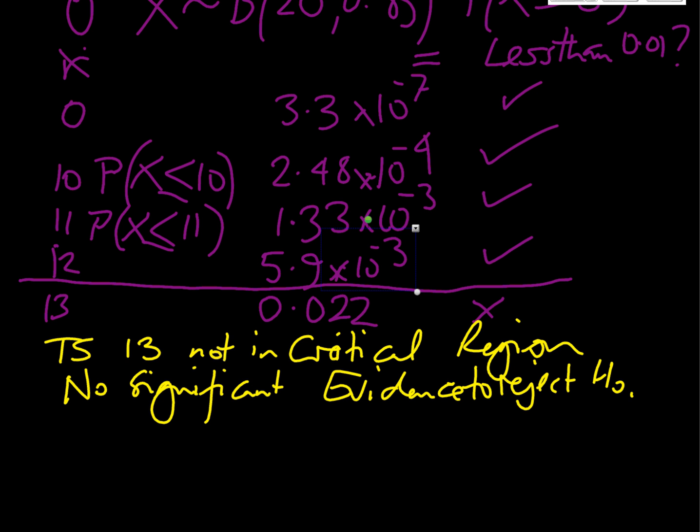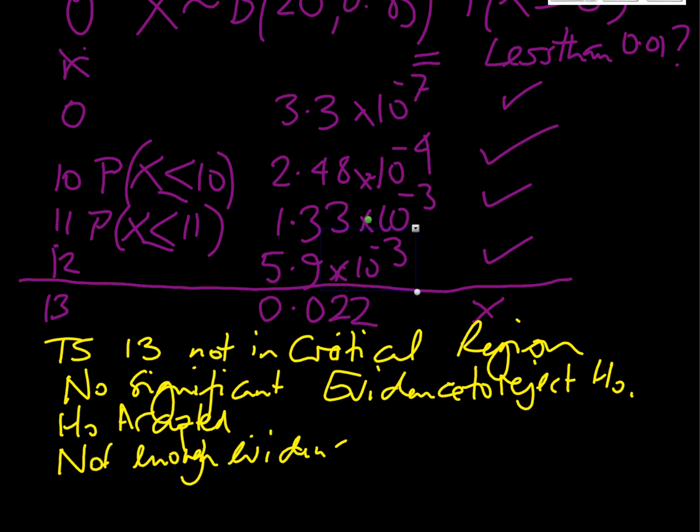So our H0 is accepted. And if we're saying there's no significant evidence, we're also saying that there's not enough evidence to suggest.